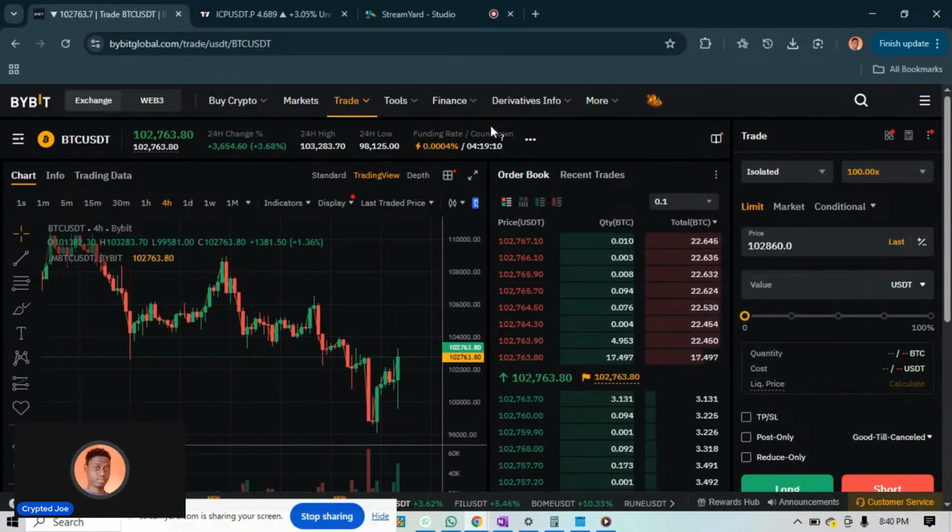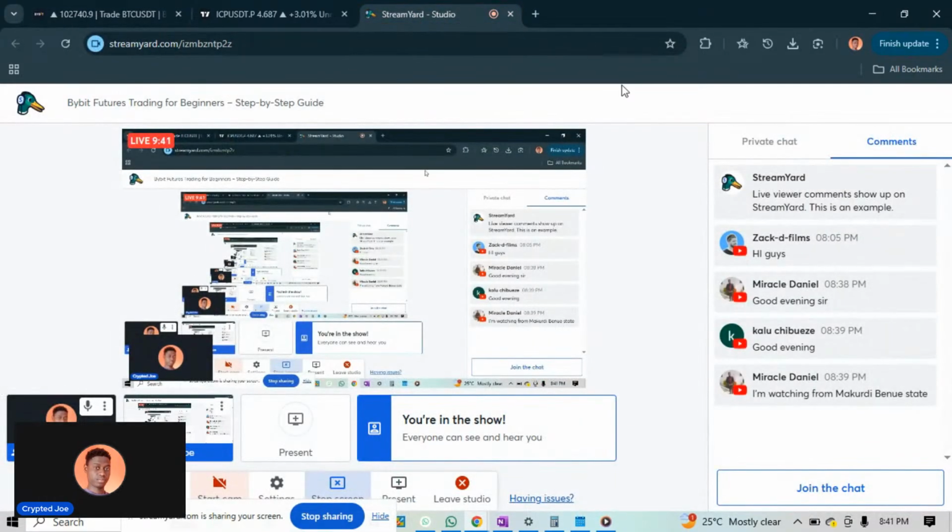So the rest of the features you will get to understand. Let's use, for example, this particular coin I did analysis on a few hours ago. So I'll be using it to explain.